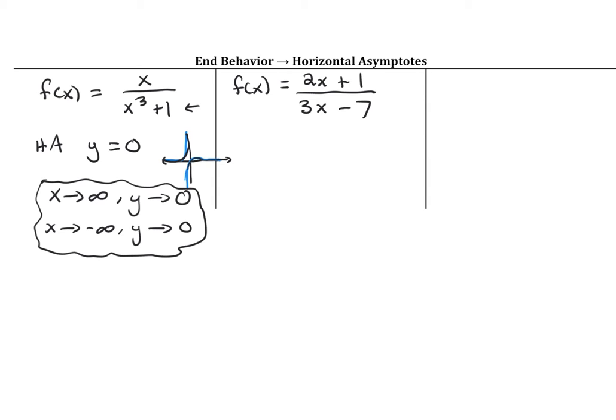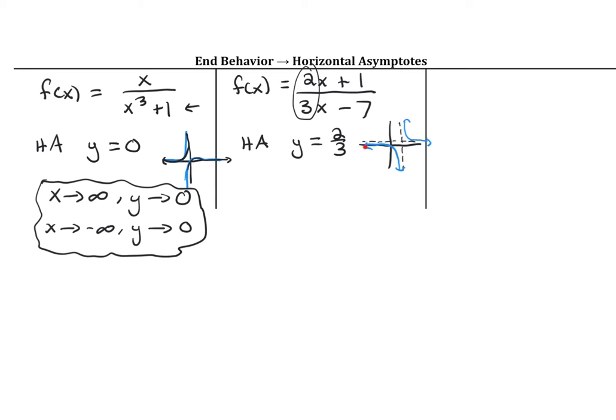To understand end behavior, it's helpful to look, is there a horizontal asymptote? And what is it, if so? In this case, there is a horizontal asymptote. We have the same degree top and bottom, so it's the coefficients. And again, here's just a quick sketch of the graph. You don't need to graph that, but just to give you that visual, as x is approaching infinity, y is approaching that asymptote.